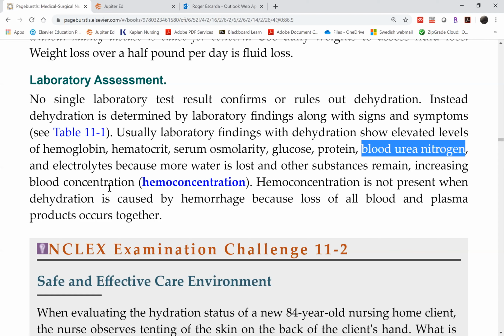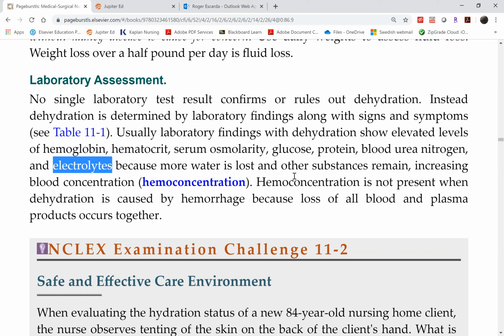As far as the electrolytes, it will really depend on what type of dehydration happened, because we can have isotonic, hypotonic, or hypertonic dehydration. However, if we're just looking at a concentrated blood sample, the tendency is the electrolytes will also be increased.